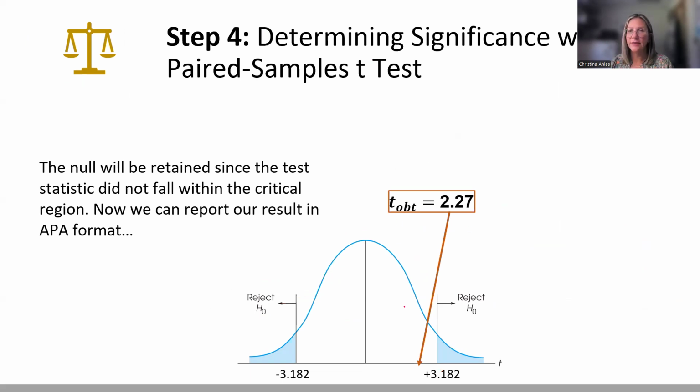Our t obtained falls here, and it doesn't fall out in these areas, so we're not rejecting the null. This is no significance in the middle. So we are retaining the null. But again, we don't ever say retain the null in the APA statement. That's just theoretical. So we did not find significance.